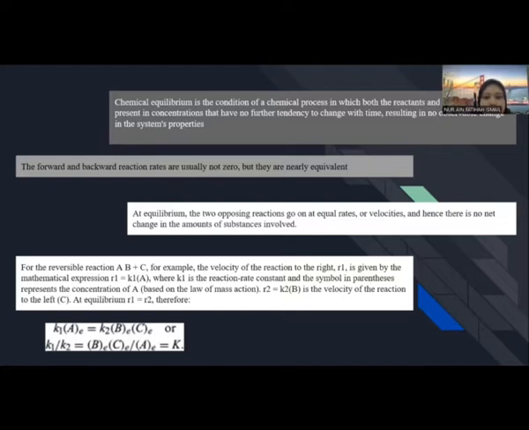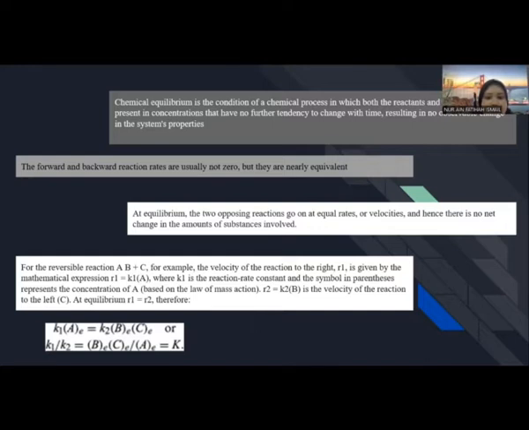At equilibrium, the two opposite reactions go on at equal rate or velocity, and hence there is no net change in the amount of substance involved. At this point, the reaction can be called complete, that is, the maximum conversion of reactant to product has been achieved for a given reaction condition.